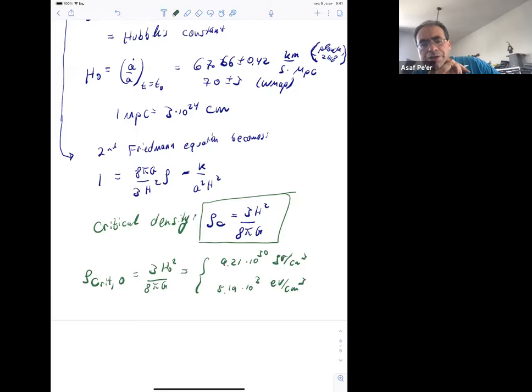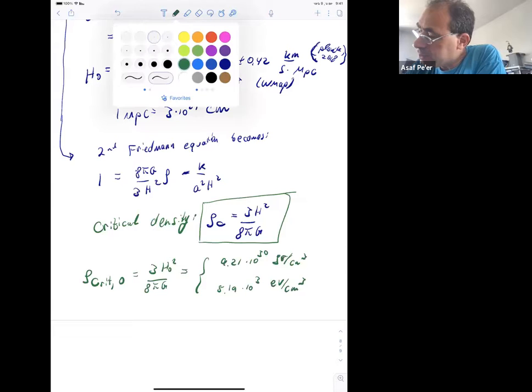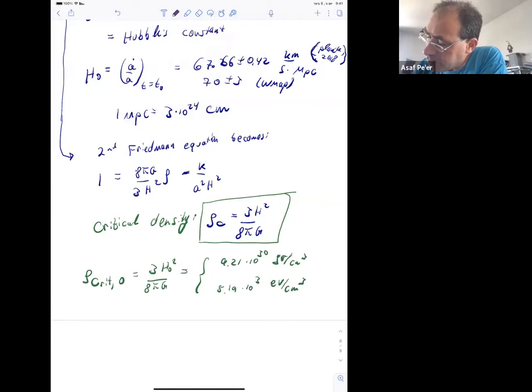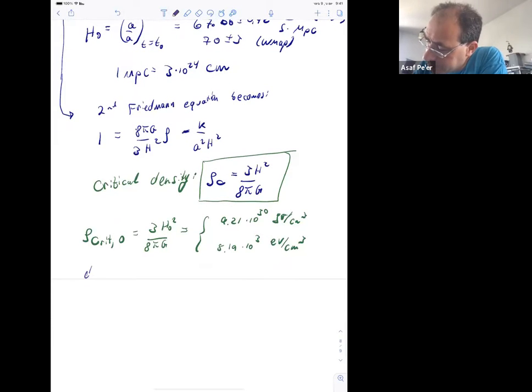Okay, so we basically measure the Hubble constant, and then we change units and write it down in units of energy density. The reason we're interested in doing that is because this enables us to define what we call the density parameter.